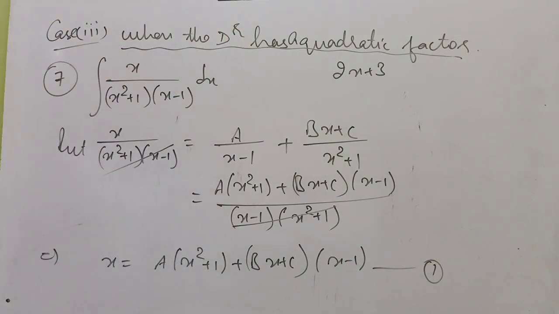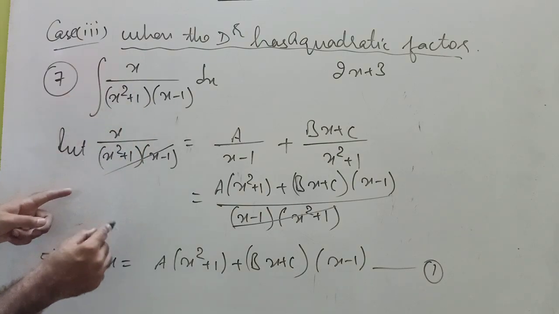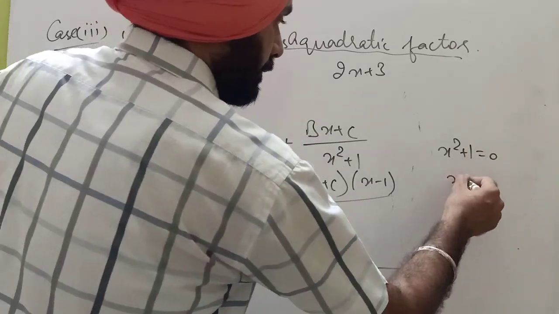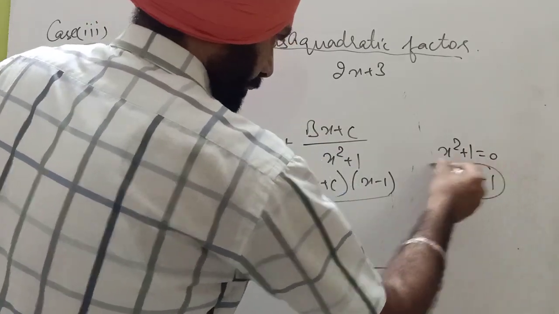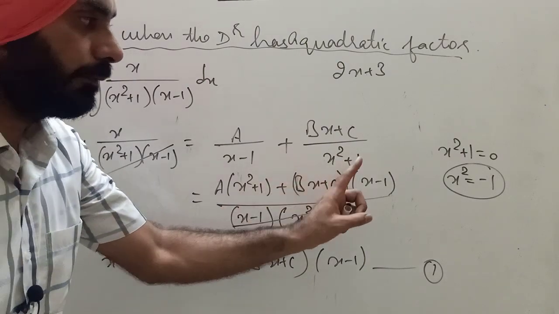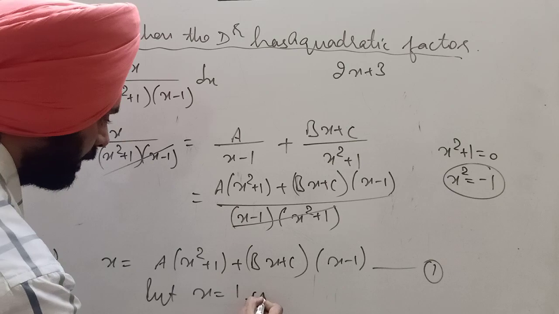Now from the first bracket, there will be no value of x. When we put x square plus 1 equal to 0, then x square is minus 1, which is not possible. Clear? So from the quadratic factor, there will be no value in any equation. So from the second bracket, x is 1. Put x equal to 1 in equation number 1.